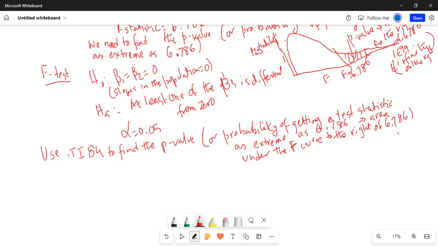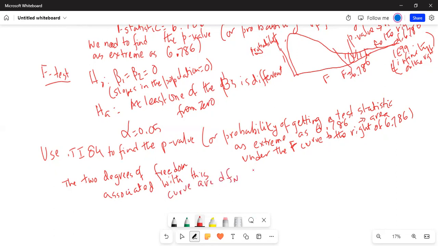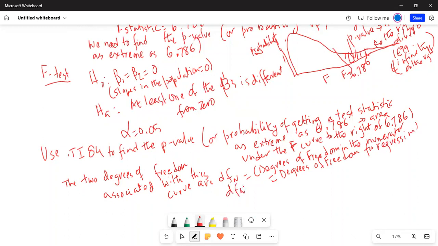Okay. The 2 degrees of freedom associated with this F curve are, first, degrees of freedom in the numerator, which is equal to degrees of freedom for regression. So dfn is equal to 2.